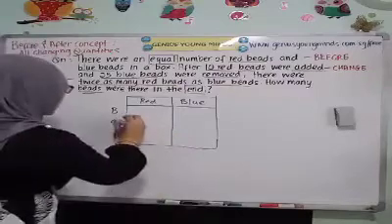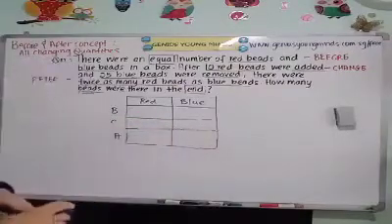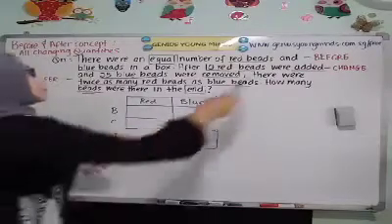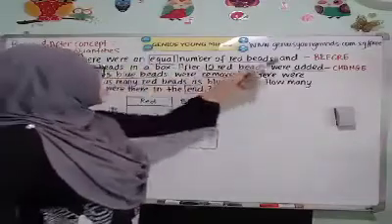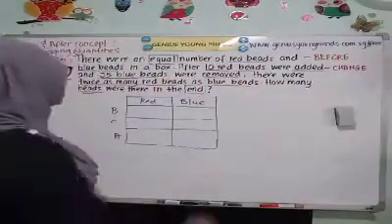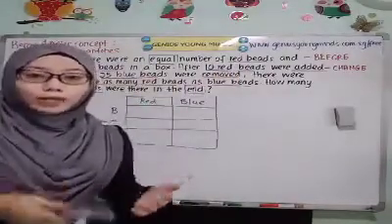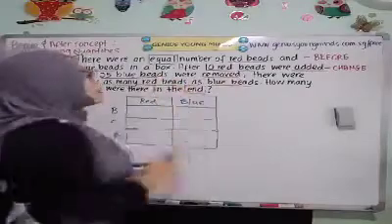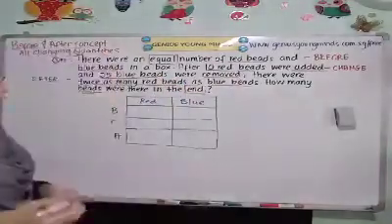Now we are going to actually put in all the data that's given to us. Okay, so now let's look at the before. They say there were an equal number of red bits and blue bits. Do you know how many units of red bits and how many units of blue bits? You do not know. But what you know is, they say equal number of red bits and blue bits. So if you have equal, what do we put inside here?